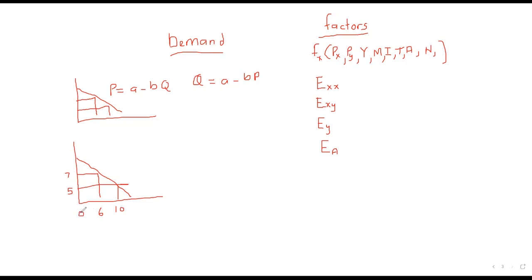So this movement along from point A to point B is a movement due to the changes in prices.